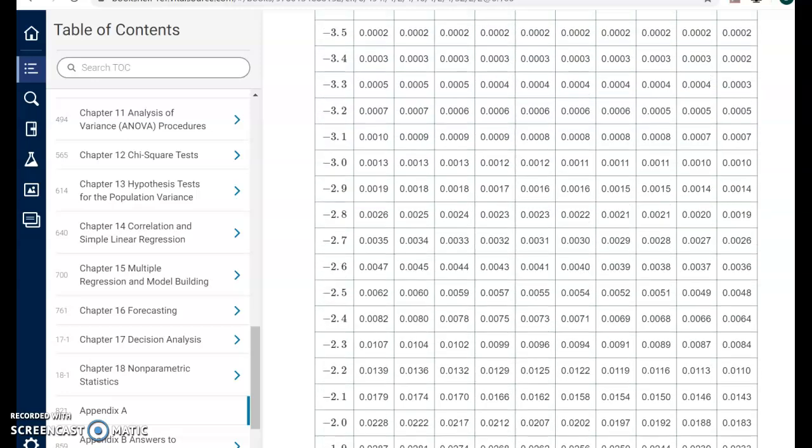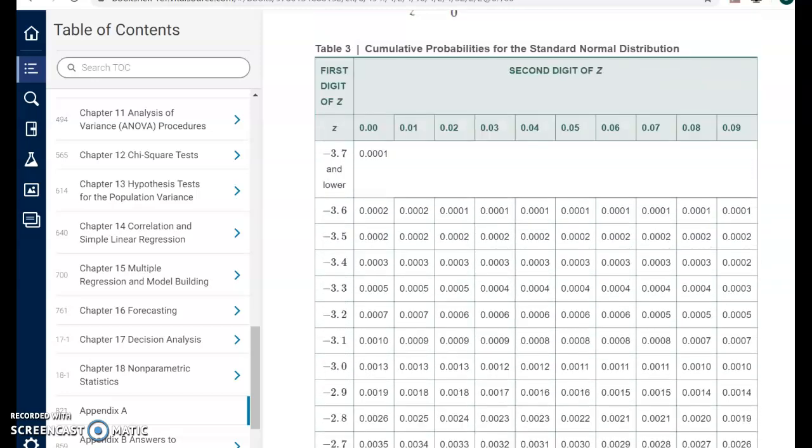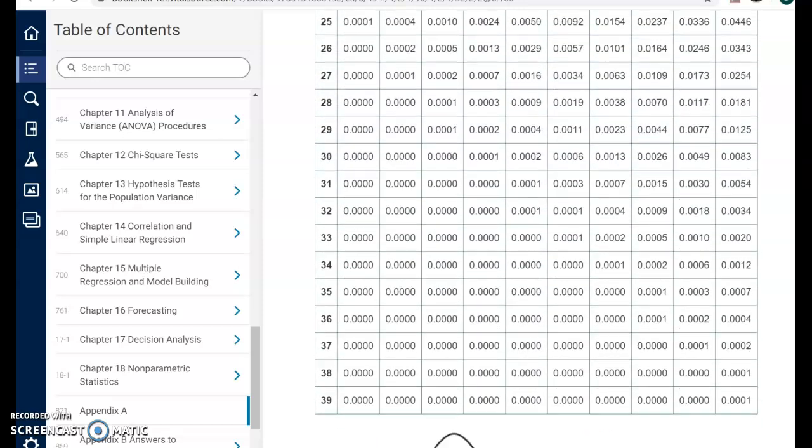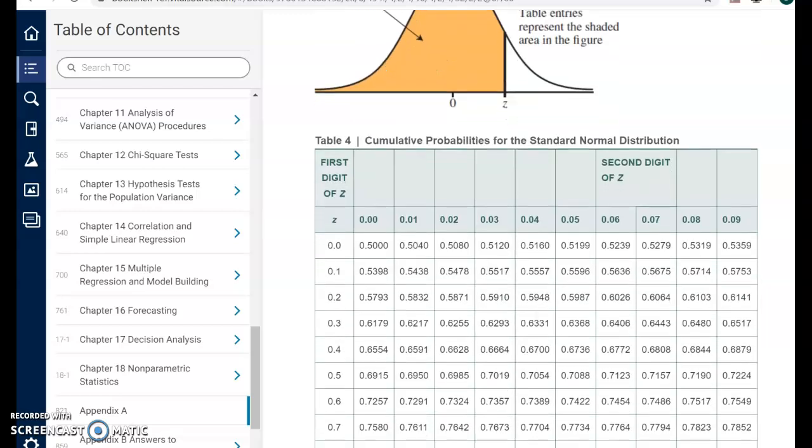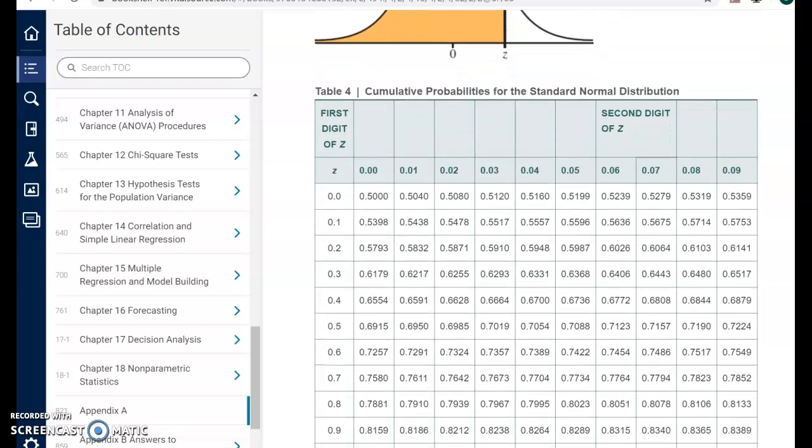This is in Appendix A in the e-text too. So we have to find the positive numbers. 0.65 would be 0.7422.